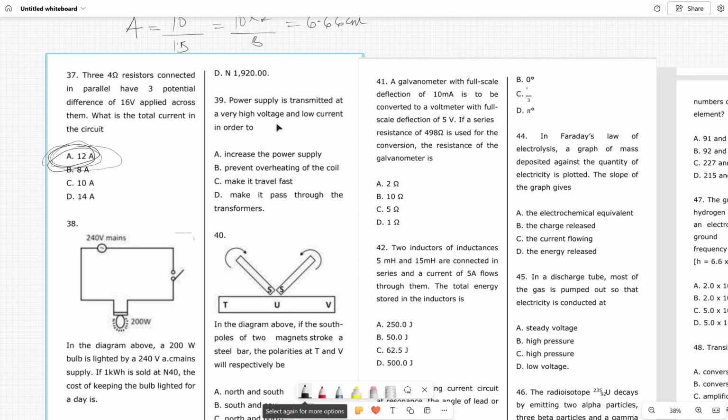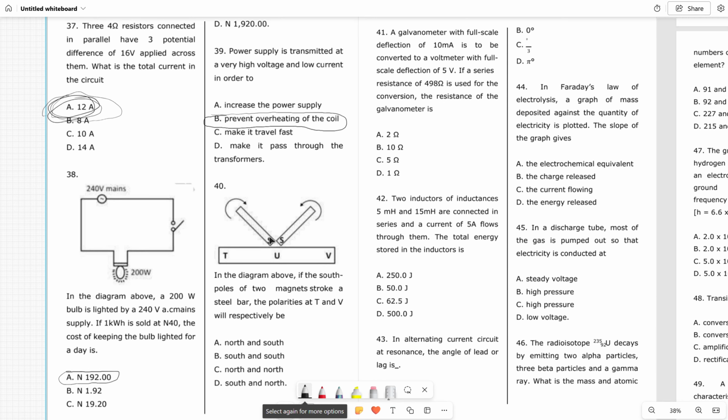Heating within the wires, cables or coils is due mostly to the effect of electric current. Electric current is the main cause of heating of cables, wires or coils. So to this, we're going to be choosing option B. That means prevent overheating of the coil.